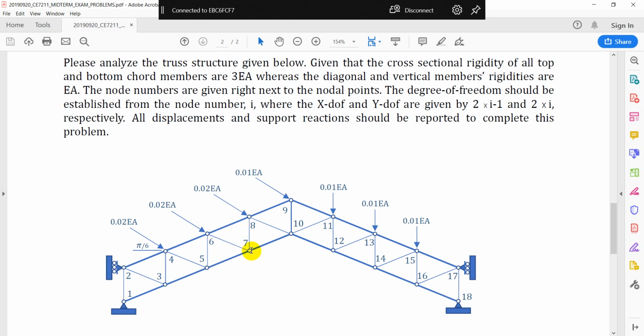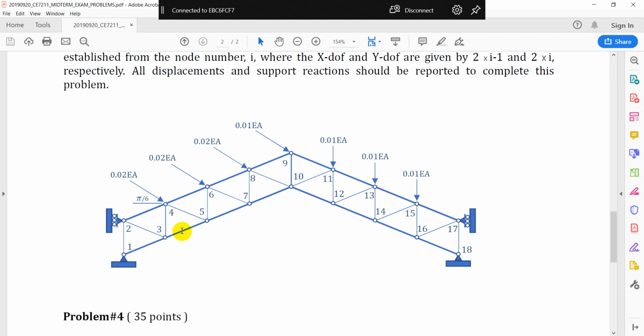If you work in the 3-dimensional space, then we're going to take the node number multiplied by 3 minus 2, multiplied by 3 minus 1, and multiplied by 3 without minus. So the node numbering and the degree of freedom numbering are in the same system. All right. Then let's start.